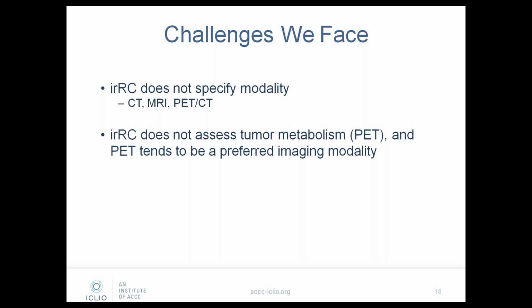So the immune-related response criteria are still evolving, and we look forward to hopefully a little bit of clarification of which imaging modality is preferred and whether we can say that an improved PET-CT really represents a response to therapy.